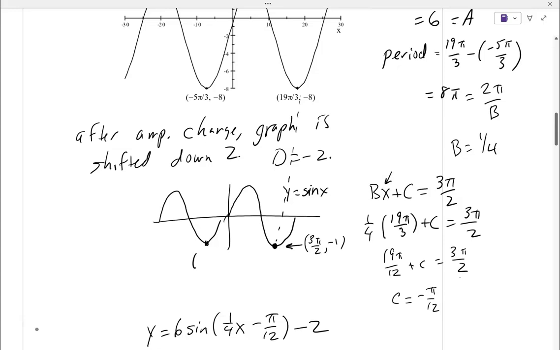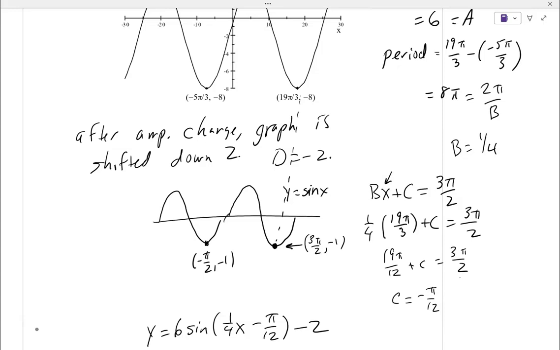I could do the top point if I know what the coordinates are. I wasn't given those coordinates, so I had to go find them. But yeah, you could absolutely do the top point. Or if you know where the middle point is, you can do that one too. Oops, this should be negative pi over 2, -1, right? Negative pi over 2 would be where it bottoms out the first time on the left.